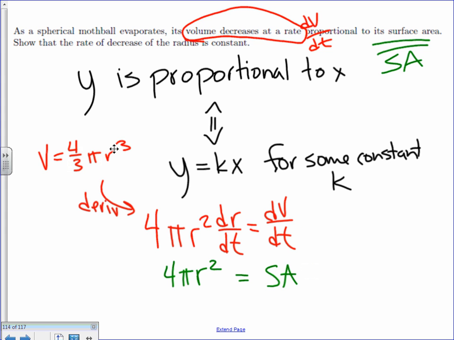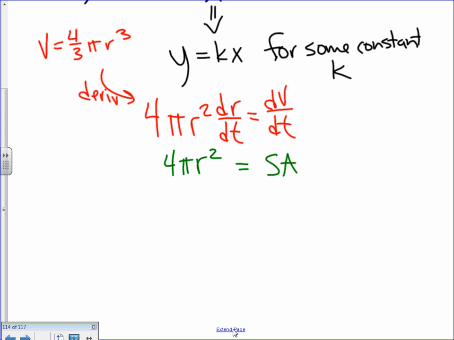So let's set up that equation between them. dV/dt, I'll write on the left-hand side, is proportional to the surface area, and k is some constant here.